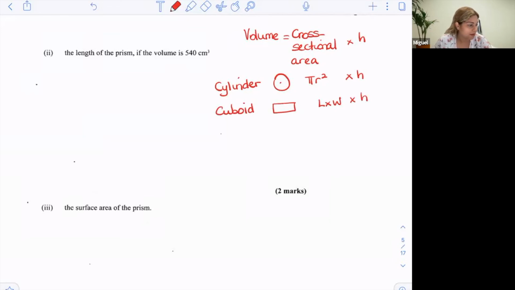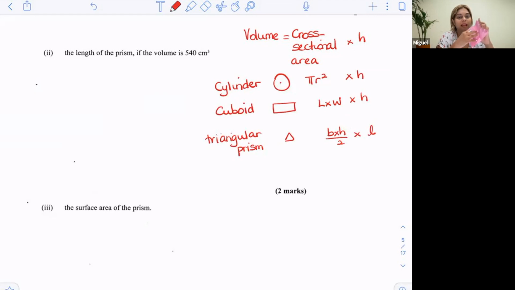For the cross section of a triangular prism, it is a triangle. So it's base by height over 2 by, well, in this case, there's already a variable height. So we can't put height again, so we will just put L, which is the length of the prism, right?